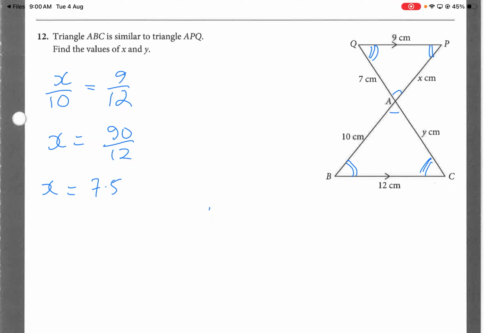Okay? So practice. Form an equation to find your y. Think a bit. Corresponding side. How to form my scale factor, then let it equal what? Scale factors are the same, so let it equal the scale factor.